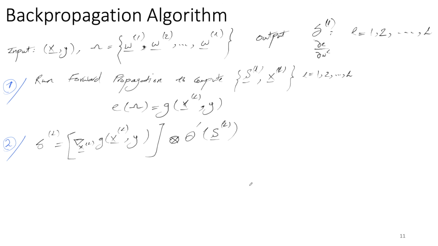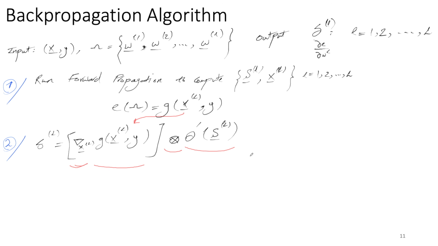Second, the delta L for the last layer is the gradient of XL, the capital L. So this is the last layer. And that's actually here. So this is for the last layer, pointwise multiplied by the theta prime of SL, right?